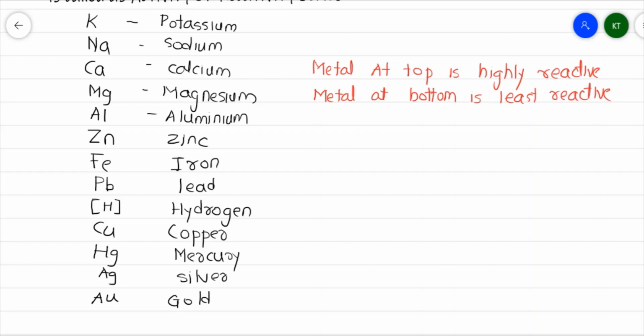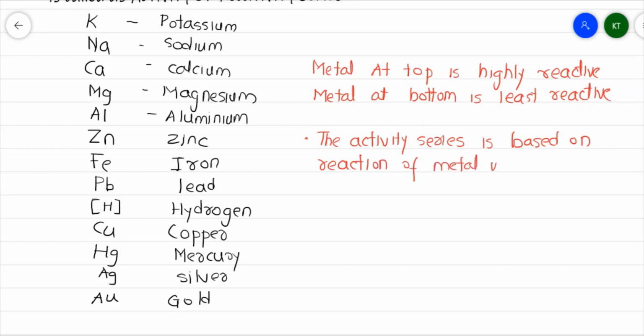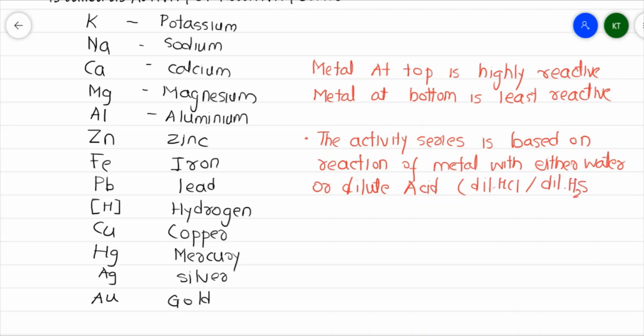Generally this series is based on the reaction of a metal with either water or dilute acid, like dilute HCl or dilute H2SO4.